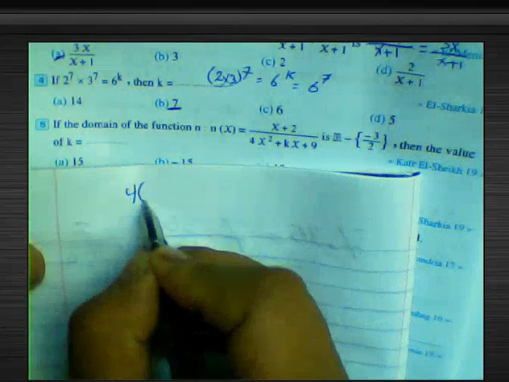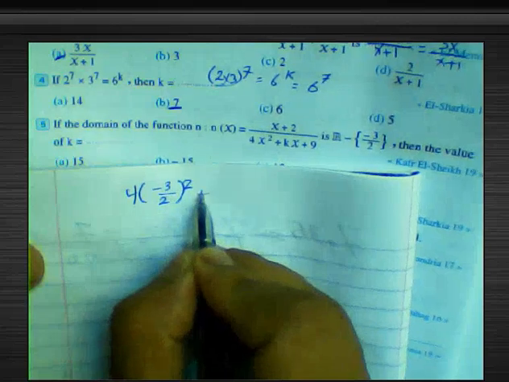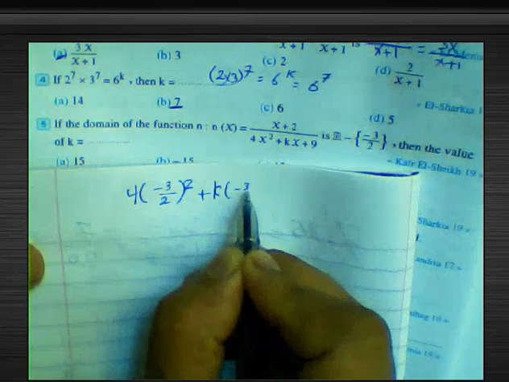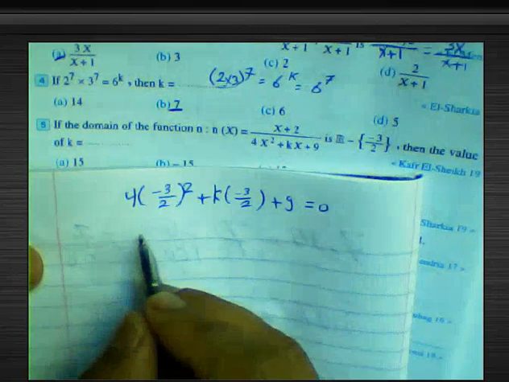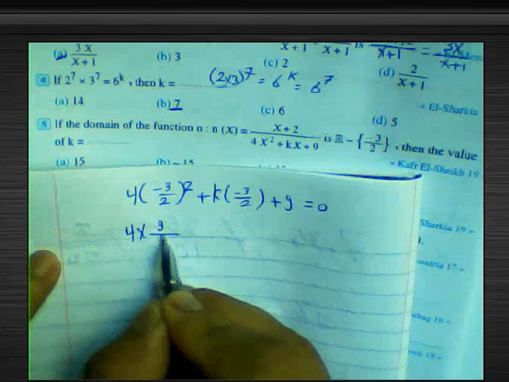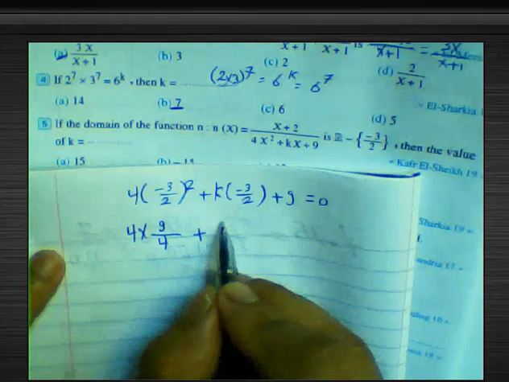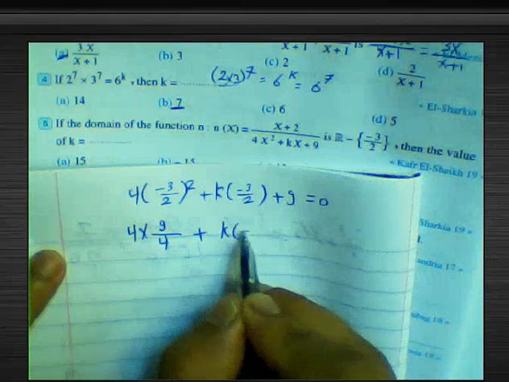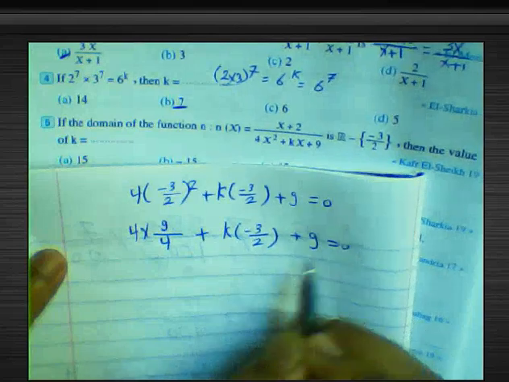So 4 multiply negative 3 over 2 power 2 plus k multiply negative 3 over 2 plus 9 equals 0. The result will be 4 multiply 9 over 4 plus k multiply negative 3 over 2 plus 9 equals 0.